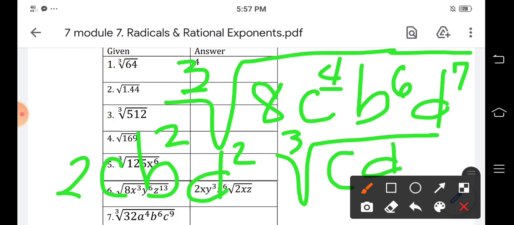Let's arrange first according to the value of the exponent or according to literal coefficient. Let us change the position of c and b. So the answer could also be 2b squared c d squared cube root of cd.